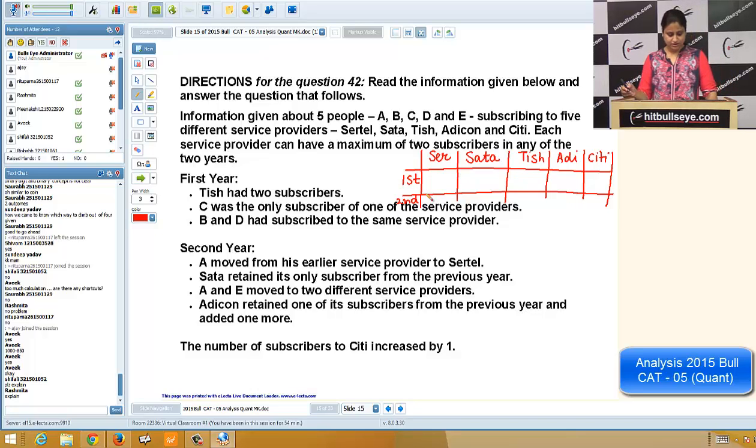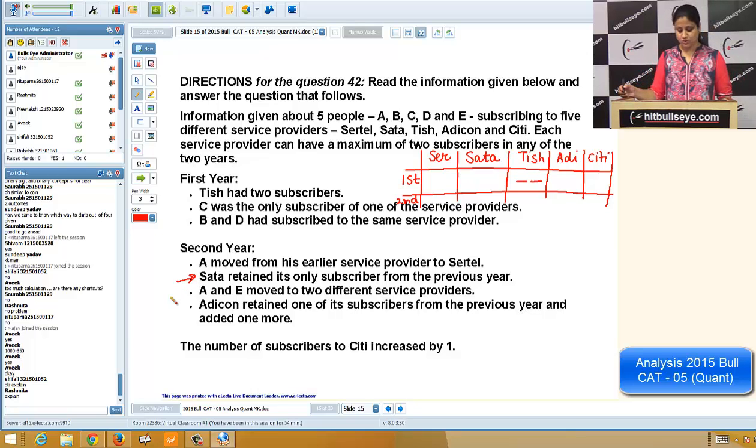First of all, in the first year, TISH had 2 subscribers. C was the only subscriber of one of the service providers. It means C cannot be paired with anyone. B and D had subscribed to the same service provider. Now coming to the second year, read the second line.